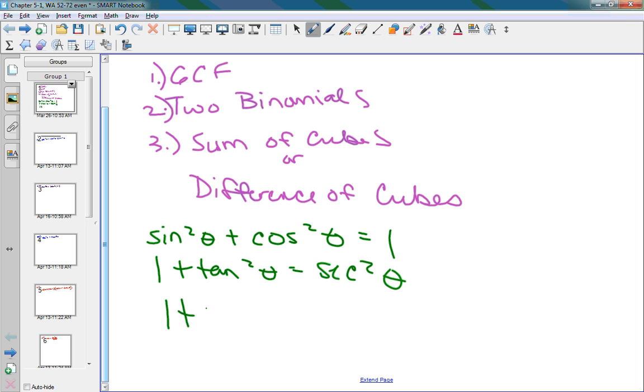And then 1 plus the cotangent squared theta is equal to the cosecant squared theta. Now those three identities, with every one of them you actually have 3 that you consistently use and 5 total from each one of them that you can have.